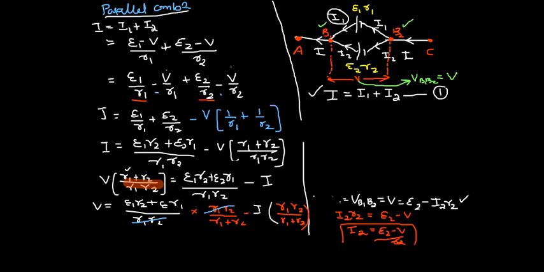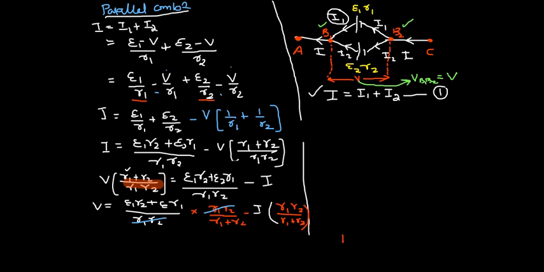I'm not taking an extra page because the observation we have to do must be done in this sheet only. Therefore V is equal to, we are left with, this term will be cancelled off.